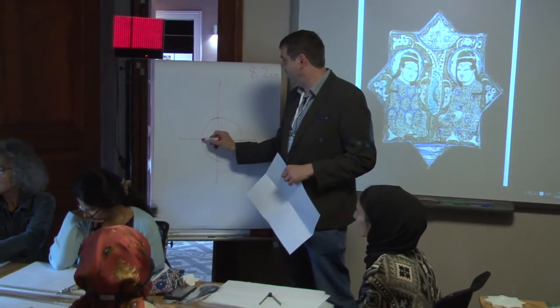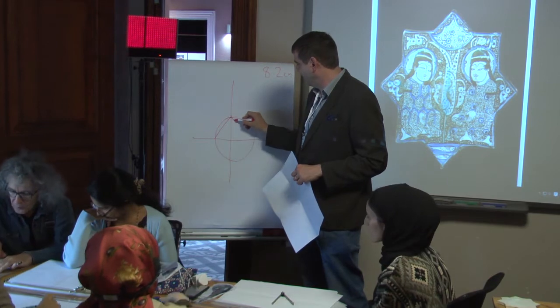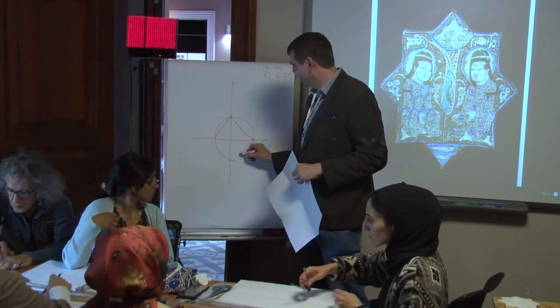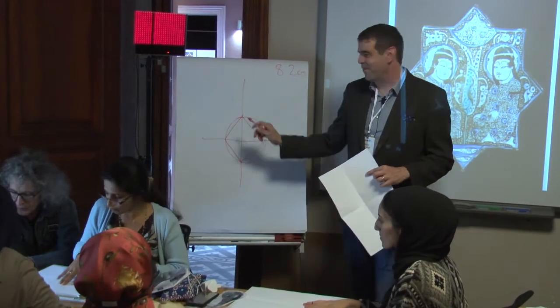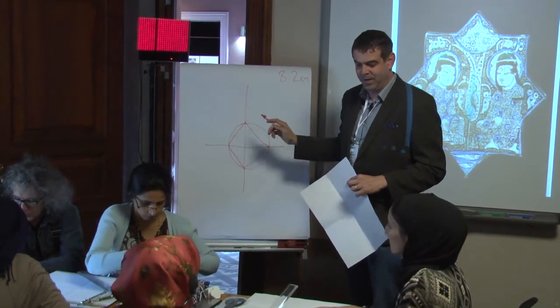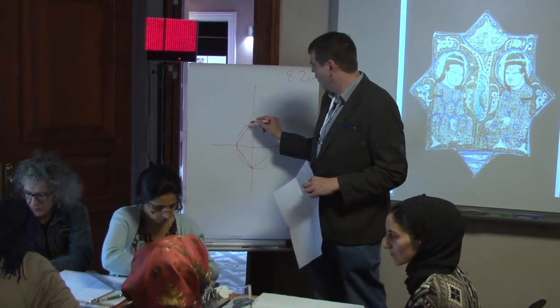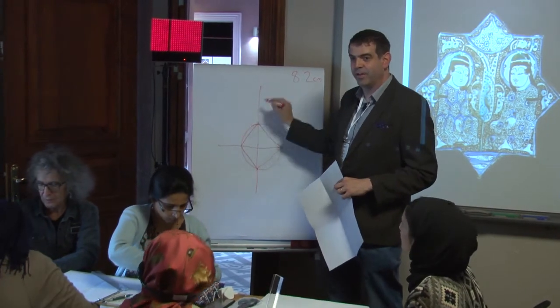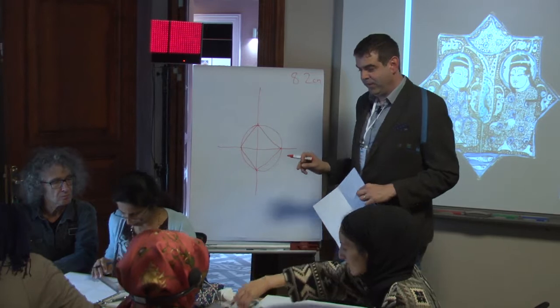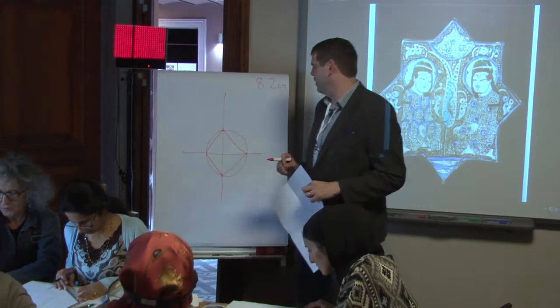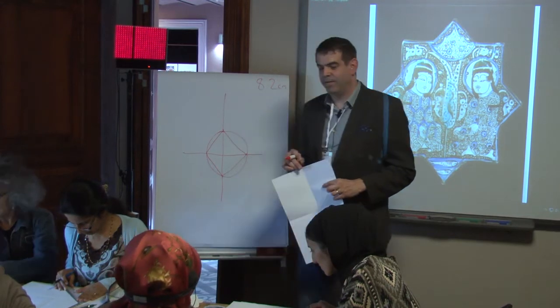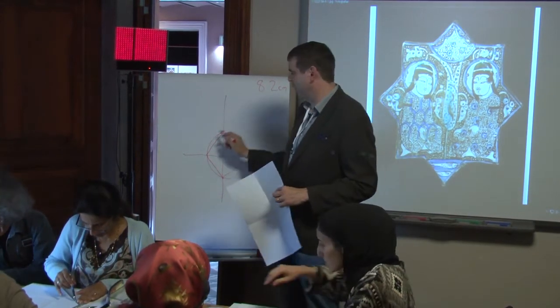So if you join up where the edges link to the line, you'll get your first square. So where the circle meets the horizontal and the vertical line, if you connect those up, you'll get your first square.